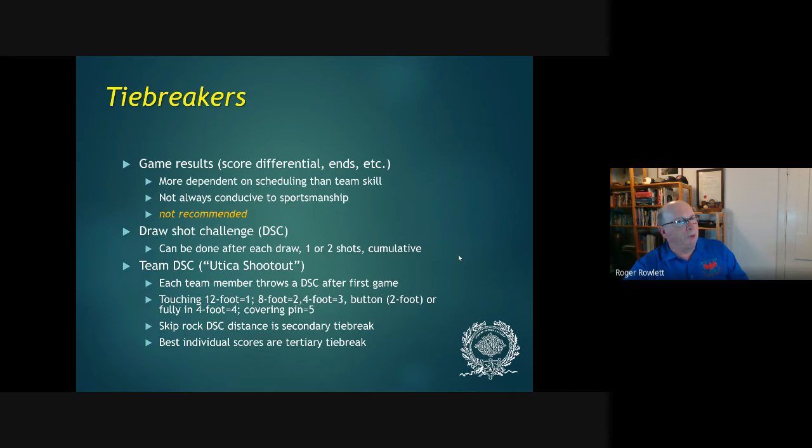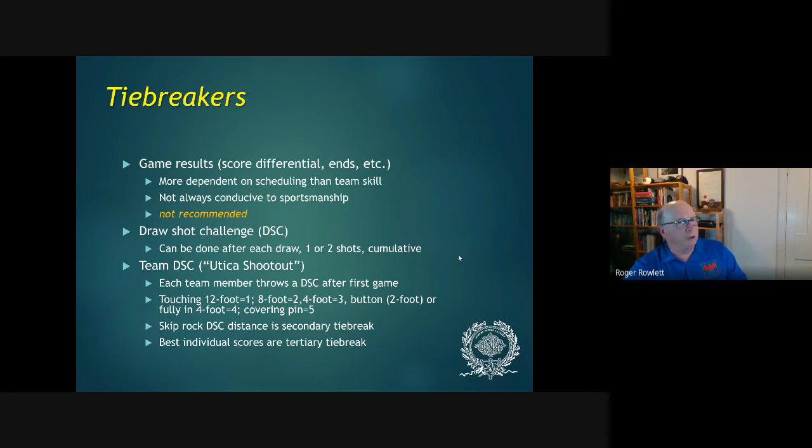It might have more to do with who you play. It's also not conducive to sportsmanship, because with score differentials you can't quit a game early. You have to play all games out to 8 ends, and it invites teams to run up the score. So I don't recommend this at all as a tiebreaker.